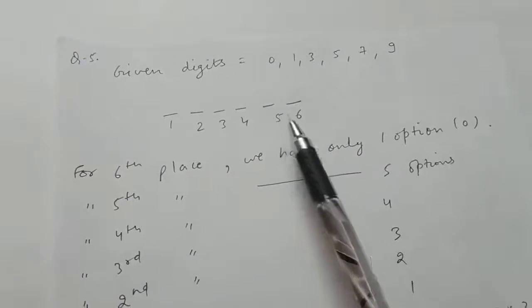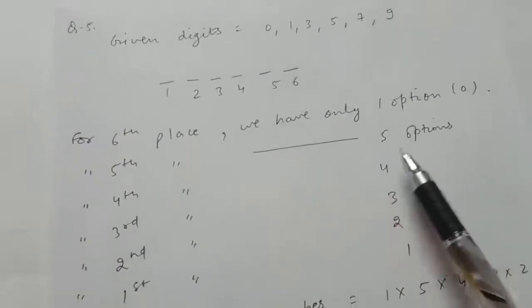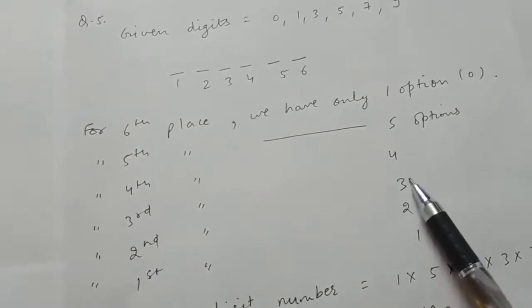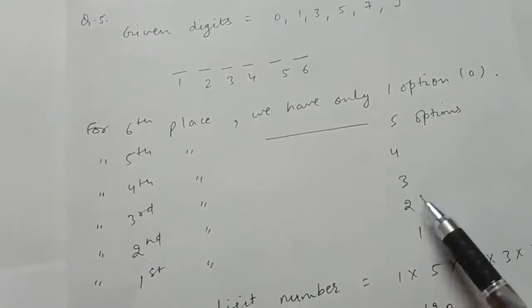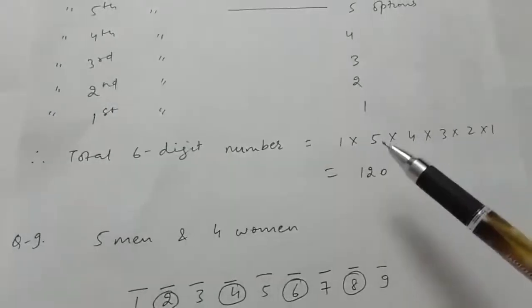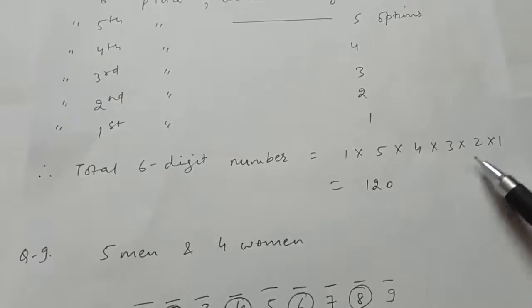Therefore for the 5th place we have 5 options. Then 4th place 4 options. For the 3rd place 3 options. For the 2nd place 2 options, and for the 1st place only 1 option. Therefore total 6-digit numbers that can be formed are 1 into 5 into 4 into 3 into 2 into 1, that is 120, right?